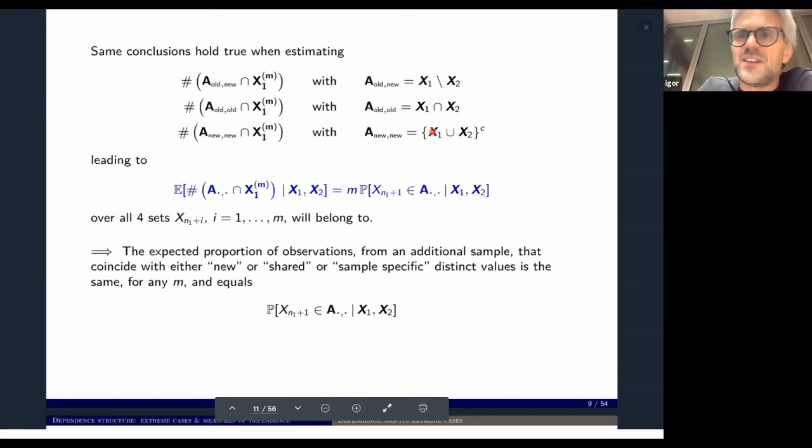And obviously the same structural property holds: the expected number of values which will belong to any of those sets is M times the probability that the observation at step n plus 1 belongs to that specific set. Which is nice, and this now takes on the role of the probability of sampling something new we had in the exchangeable case. So that's a very simple property, but again, we need to try to understand what partial exchangeability means, and this is a tiny block to understand what is going on.